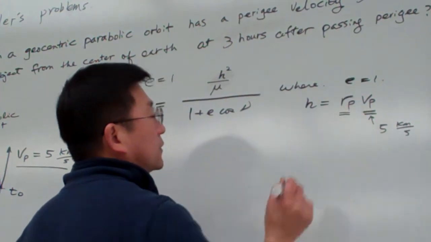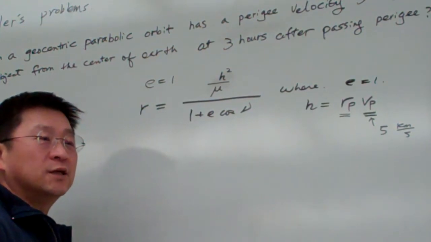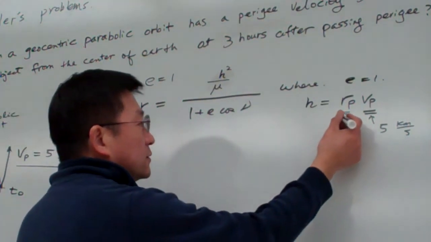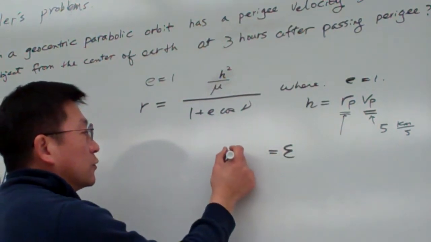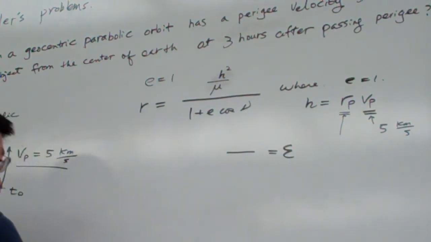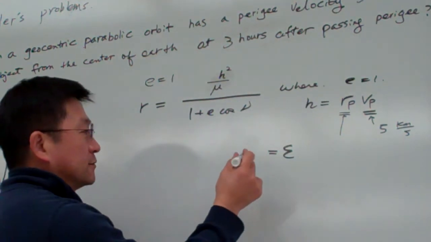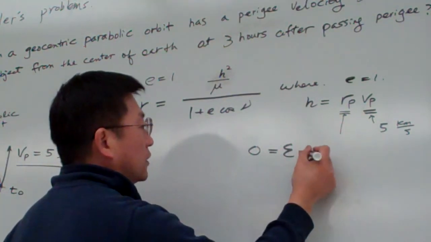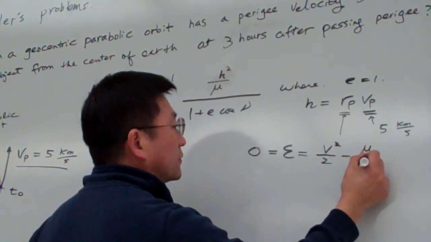And what is r_p? Probably we can relate it using the mechanical energy. What is the mechanical energy of the parabolic orbit? It is 0, equal to velocity squared over 2 minus mu over r.